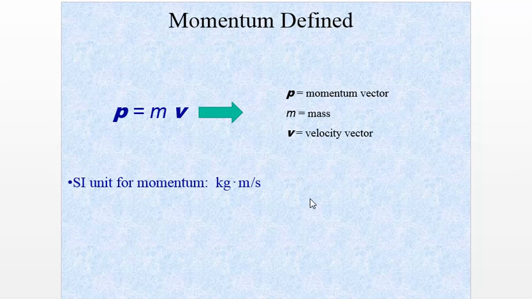Momentum is directly proportional to both mass and speed. Sometimes a big, slow particle could have the same momentum as a small, fast particle.